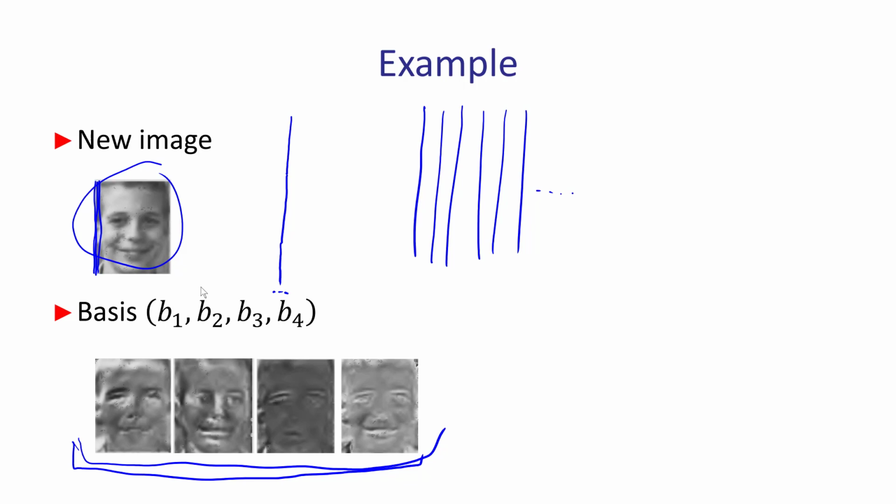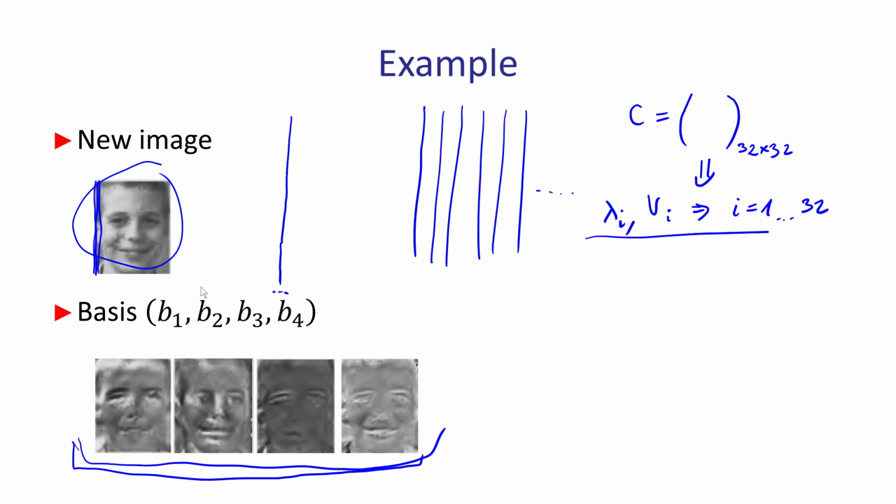Since I have 32 images or 32 vectors, my covariance matrix was basically 32 by 32. And from here, I can get eigenvalues lambda and eigenvectors v, from 1 to 32. So I have 32 eigenvalues and 32 eigenvectors. Totally I have basically 32 long vectors from the PCA transform.